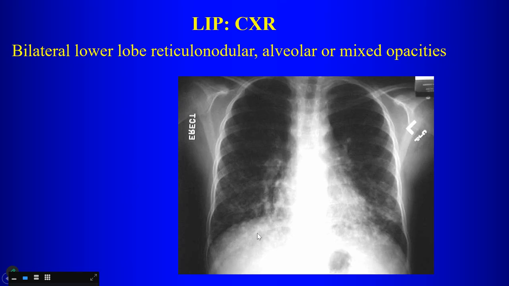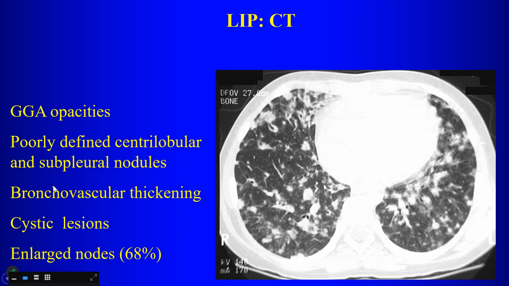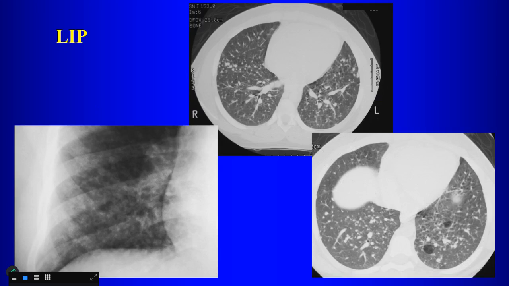You can have varied appearances. You can have nodular opacities, as you see on the chest X-ray, and nodules like we see on the CT scan. You could have lymph nodes, but the cystic lesions tend to be the most specific appearance for LIP and can really help you with the diagnosis. So LIP is a cause of cystic lung disease. It can be associated with HIV, although more often we see LIP associated with what?